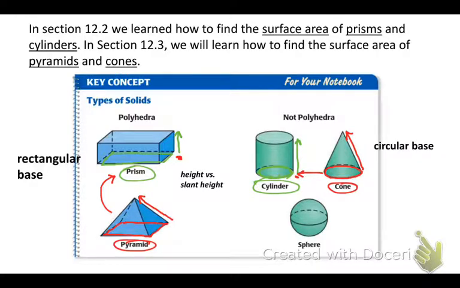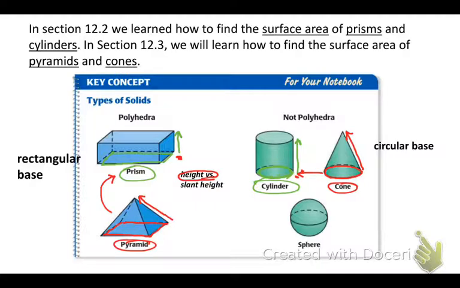So really what tells all of these things apart is the shape of the base and whether or not their heights are vertical. It turns out that the formulas for surface area for all of these various objects are very similar. The only thing that differentiates them is that you're taking into account the type of base they have and whether you have a vertical or a slanted height. In the formulas we talked a lot about height.